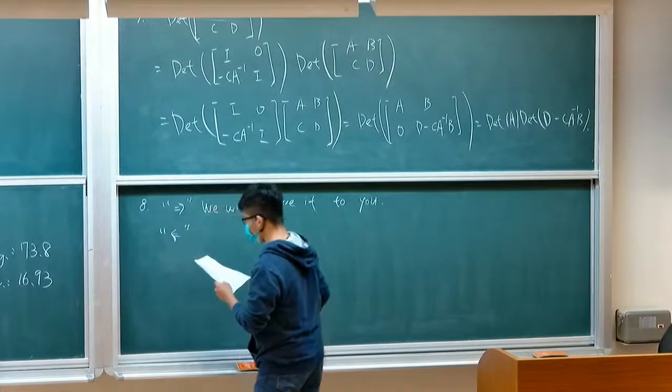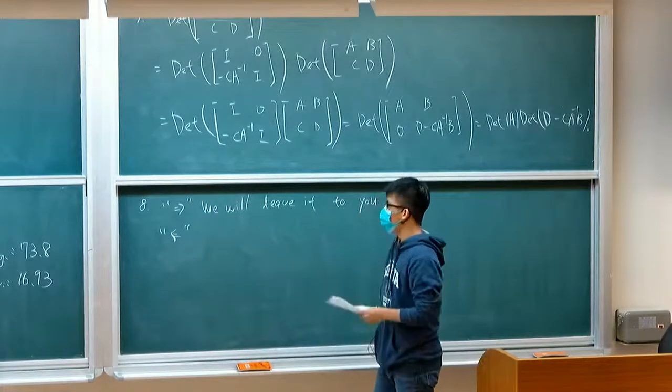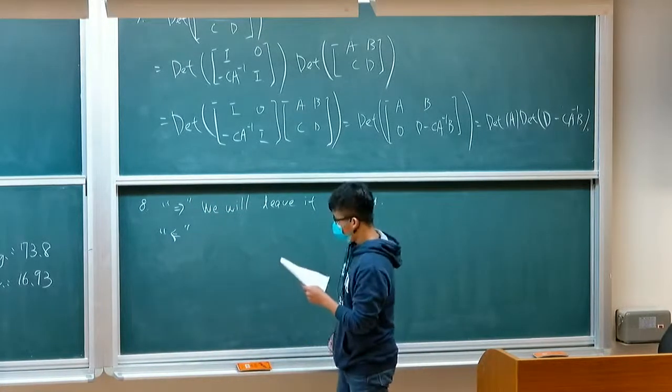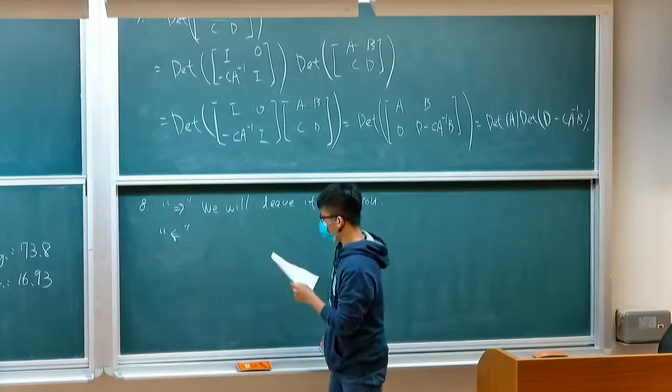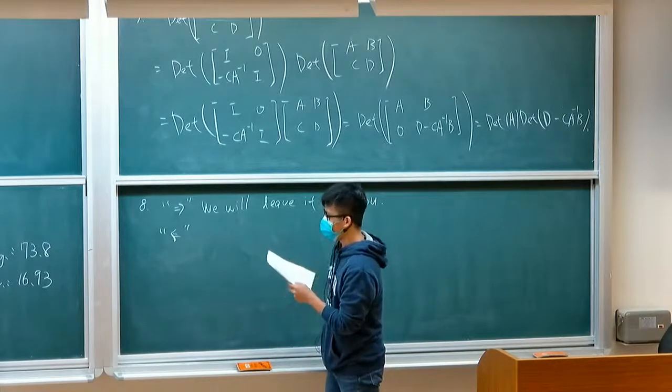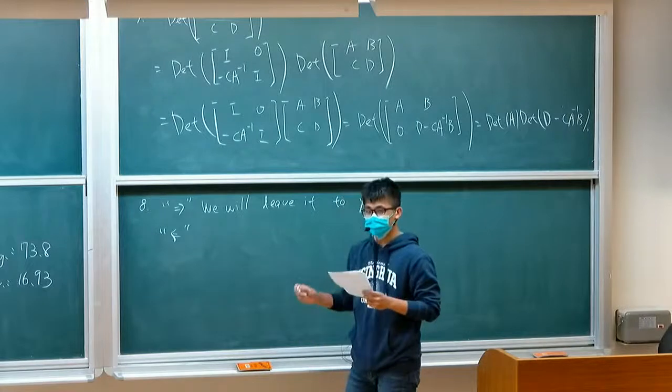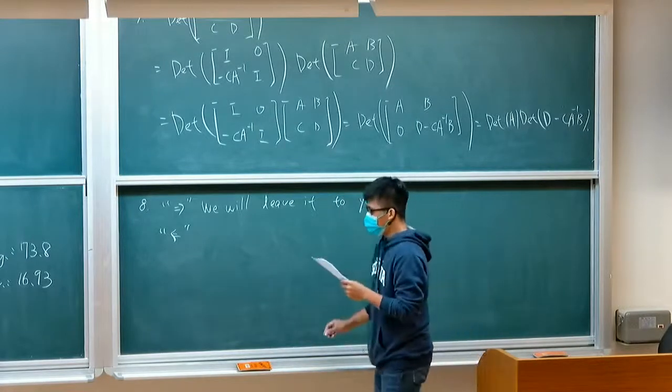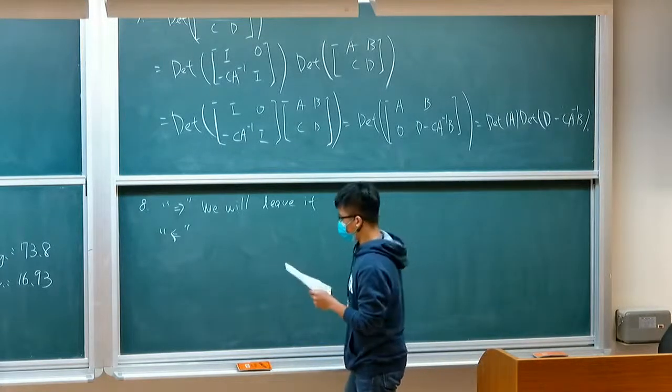Then, for this direction, instead of showing that if A's cofactor matrix is invertible then A is invertible, we will show that if A is not invertible, then the cofactor matrix of A is not invertible.